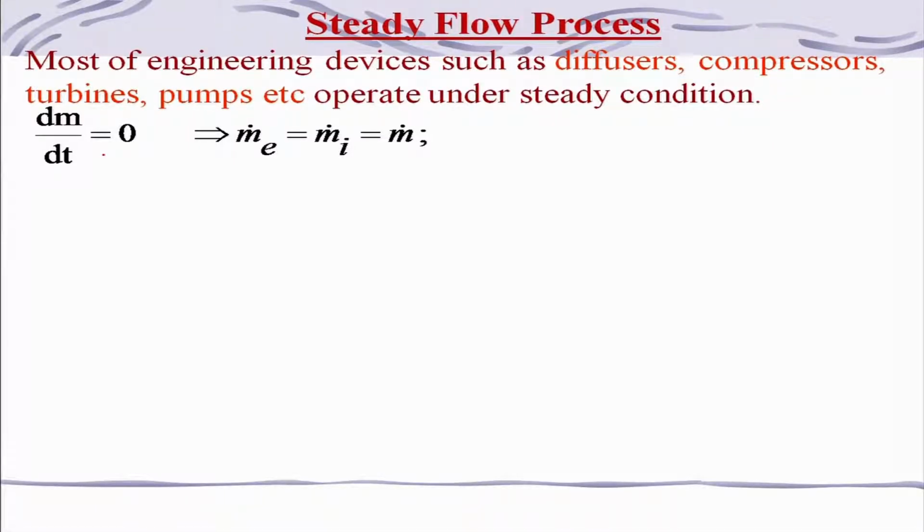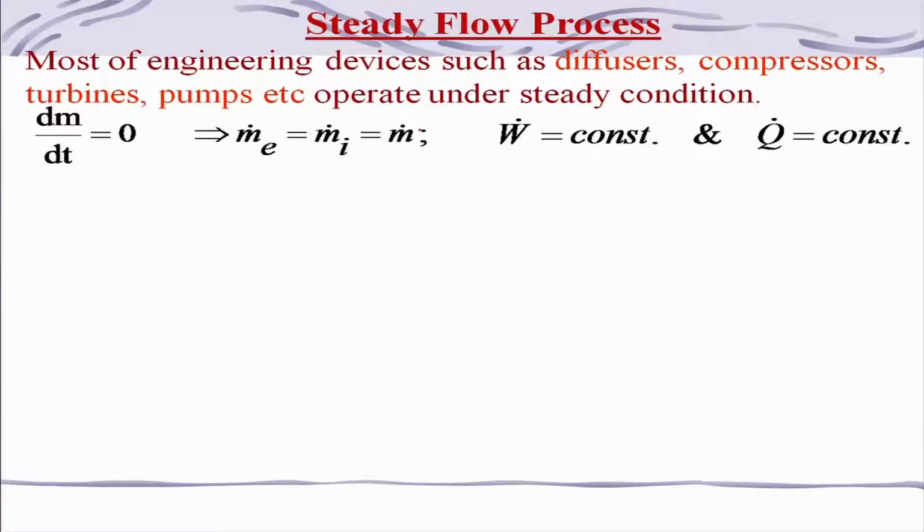Steady state means there will not be any accumulation of mass, it will be coming and going. So the mass flow rate at the exit is equal to the mass flow rate at the inlet, whatever is entering is going out, and this is equal to m dot.